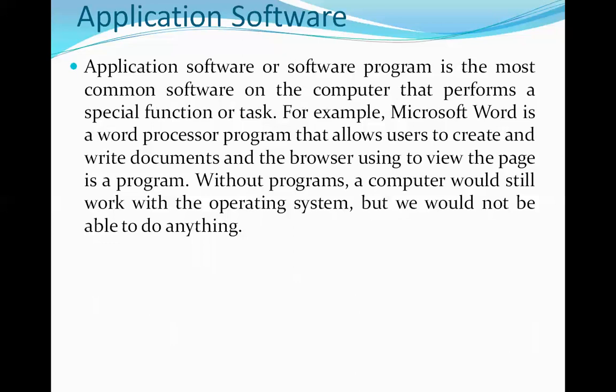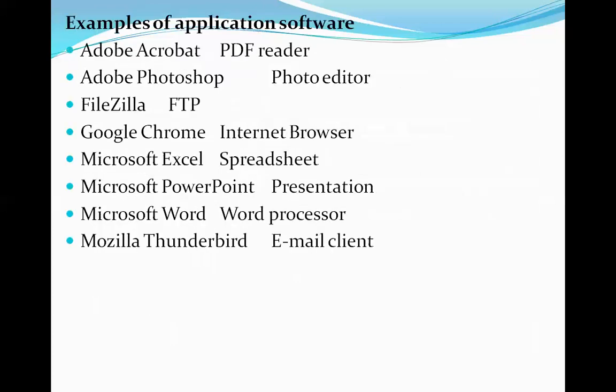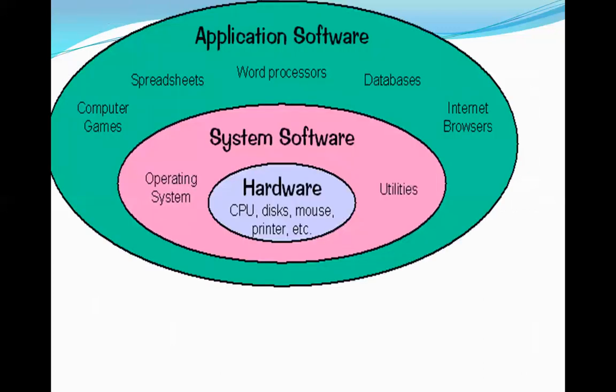Without programs, a computer would still work with the operating system, but we would not be able to do anything. Examples of application software: Adobe Acrobat, PDF Reader, Photo Editor, Adobe Photoshop, FTP, Google Chrome, Spreadsheet, PowerPoint, MS Word. This is the diagram of application software.